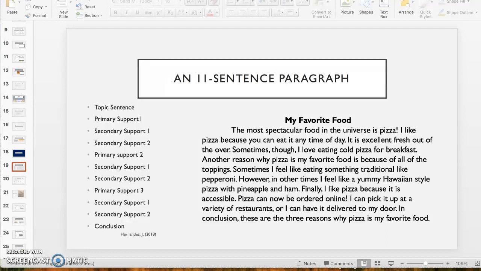Another reason why pizza is my favorite food is because of all of the toppings. Sometimes I feel like eating something traditional like pepperoni. However, at other times I feel like a yummy Hawaiian-style pizza with pineapple and ham. Finally, I like pizza because it is accessible. Pizza can now be ordered online. I can pick it up at a variety of restaurants, or I can have it delivered to my door. In conclusion, these are the 3 reasons why pizza is my favorite food.